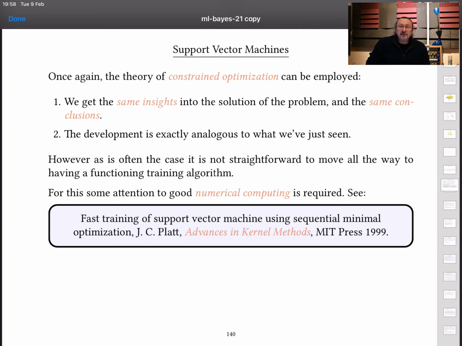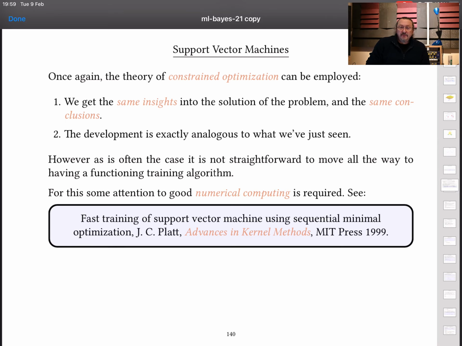When you plug it in you still get all of the same behavior in terms of introducing a kernel function, because you can use that to take the place of the inner product between the capital phi vectors. And that gives you the constrained optimization problem that you solve, that constitutes the training algorithm here.